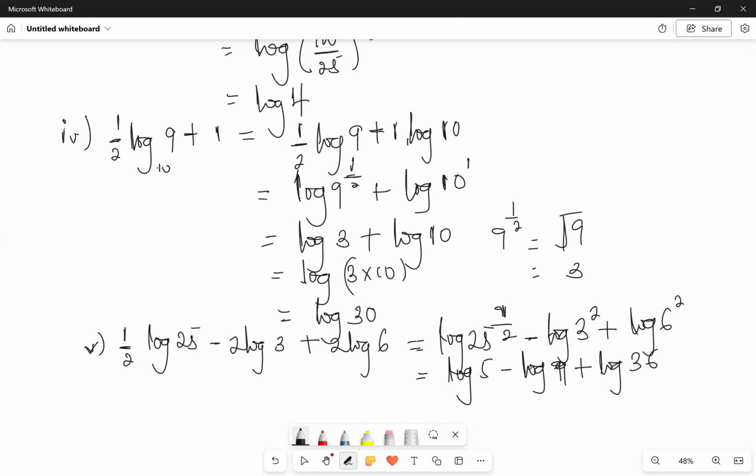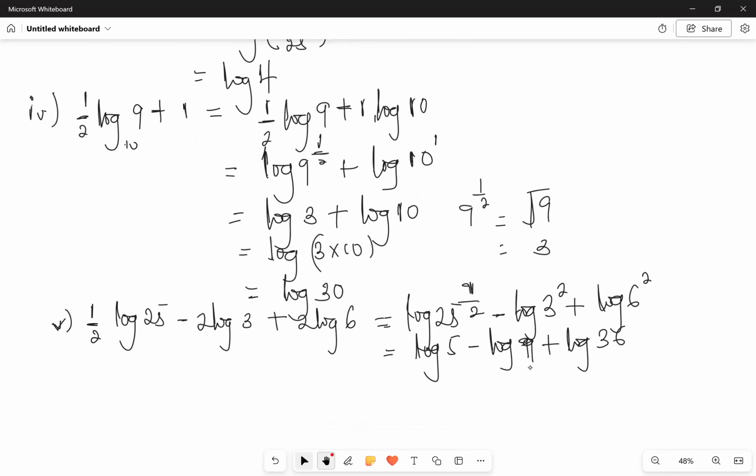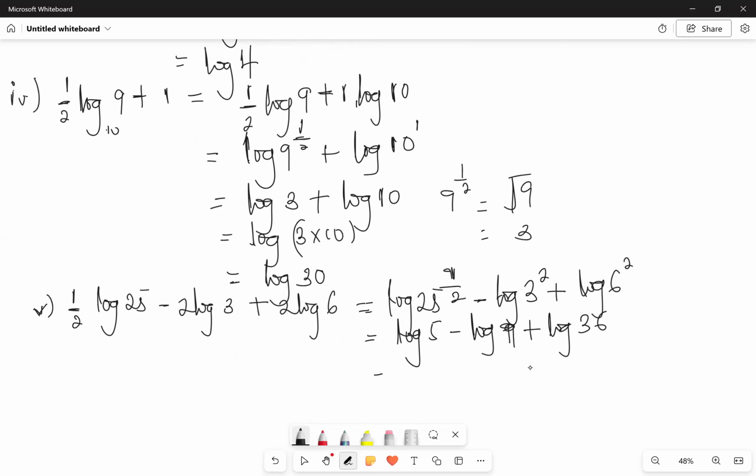Now let's see what we have here. So you see, they all have the same base. You can choose to just solve them together, or you can choose to solve them in bits.